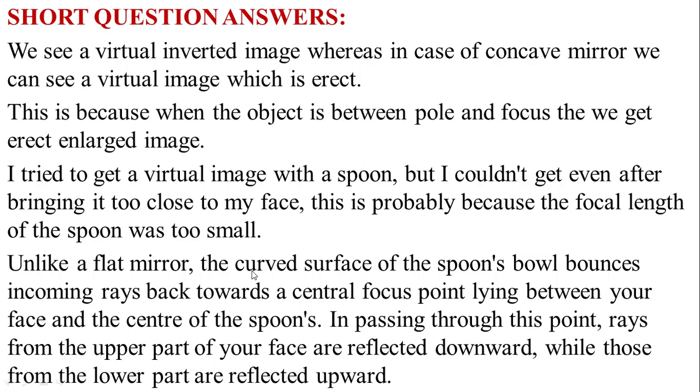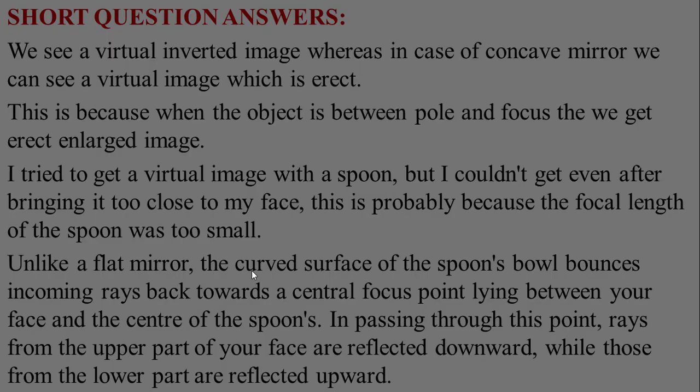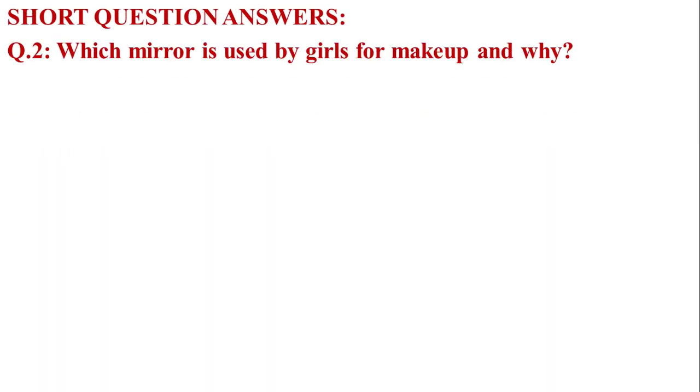The rays from the upper part of your face are reflected down, while those from the lower part are reflected upward. Now you can say that the image is formed.